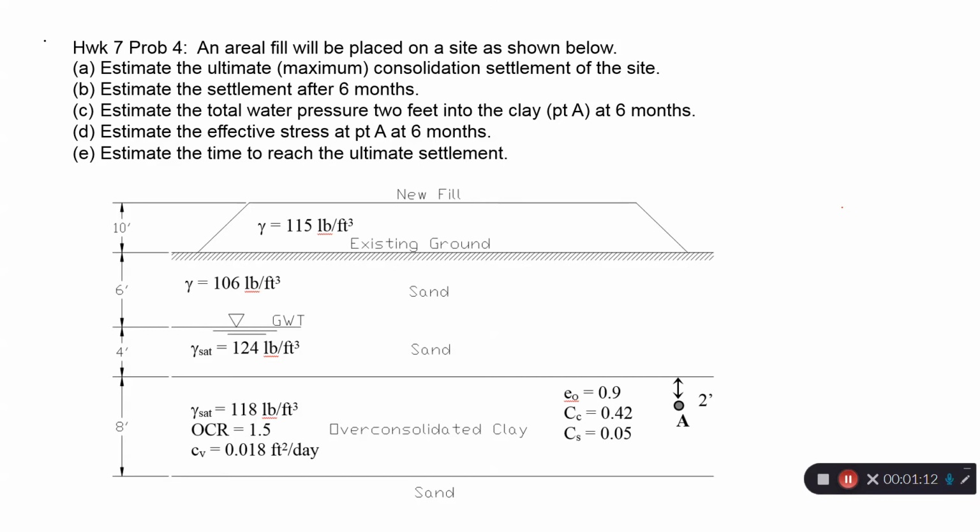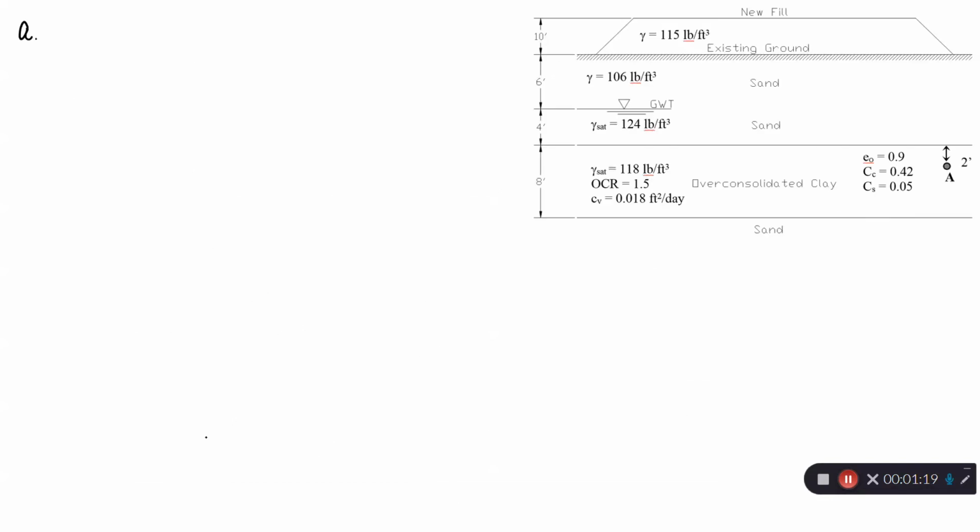Okay, so part A is actually covered in the previous lectures, right? So we're going to estimate the ultimate settlement for the entire clay layer. So what we are looking at is the average settlement for the clay layer, so for part A we are looking at the settlement at mid depths of the clay.